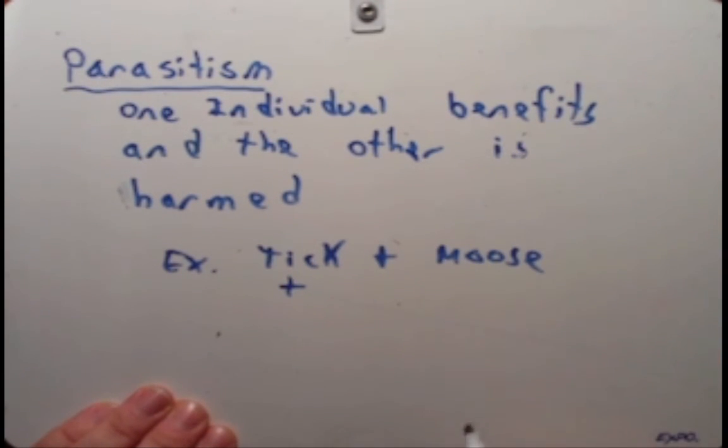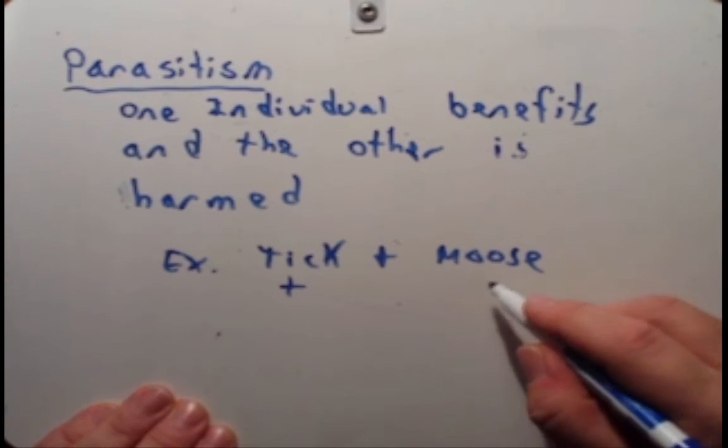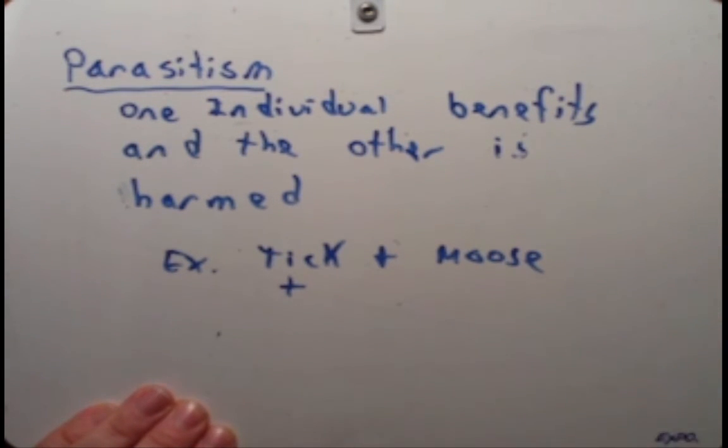Perhaps initially the moose doesn't have any harm to it, but over time this tick will begin to harm the moose in several ways. It makes the moose weaker. It itself can kill the moose, but it can also just make the moose slower and less agile, which makes it more susceptible to being eaten by a predator such as a wolf. It clearly has a negative result on the moose.